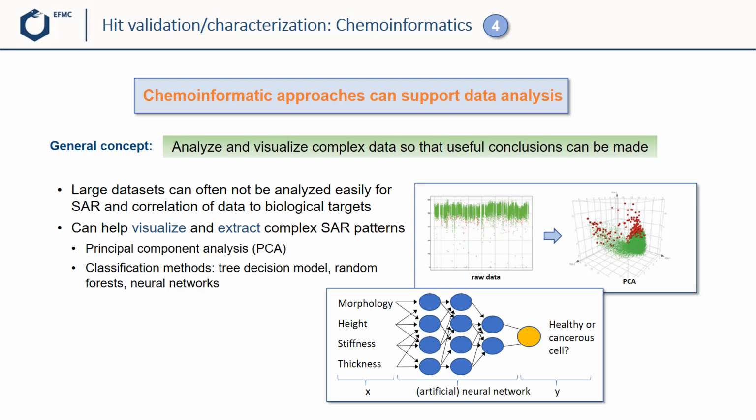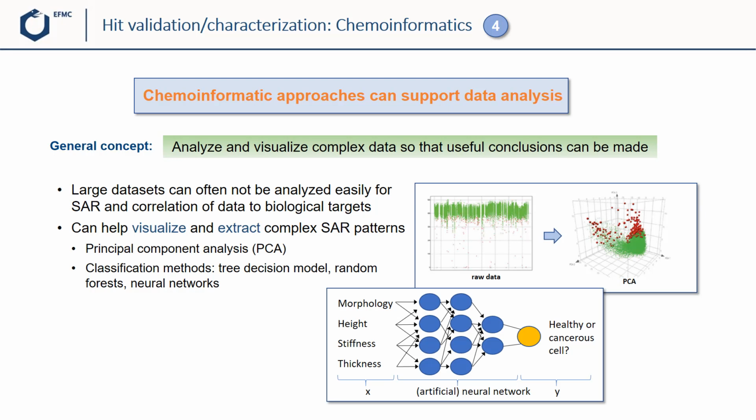Principal component analysis, or PCA, is such a multivariate analysis. Basically, the idea behind it is to reduce the dimensionality of a data set in which there are a large number of interrelated variables, while retaining as much as possible of the variation present in the data set. Further, non-exhaustive examples of chemoinformatic analysis would be classification methods like decision tree models, random forests, and neural networks.